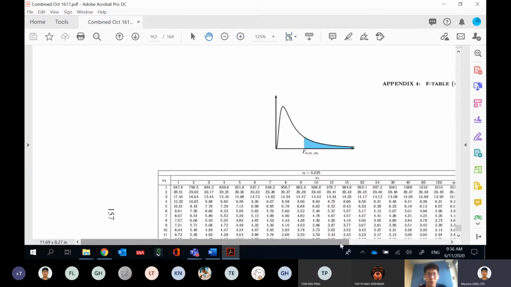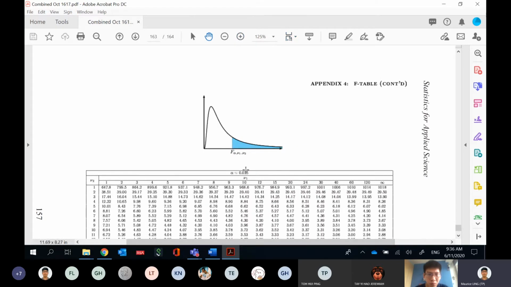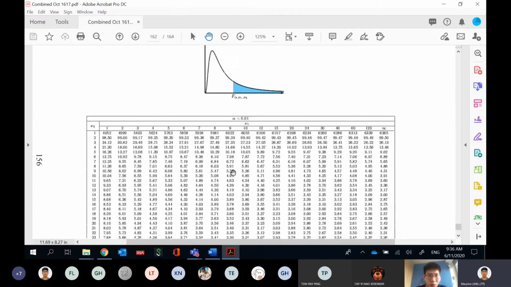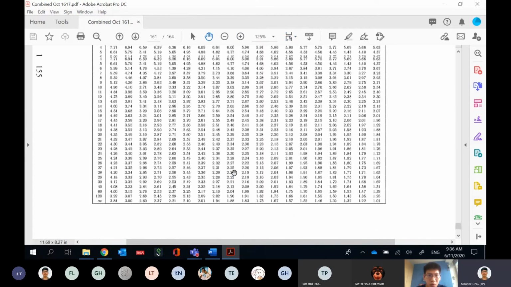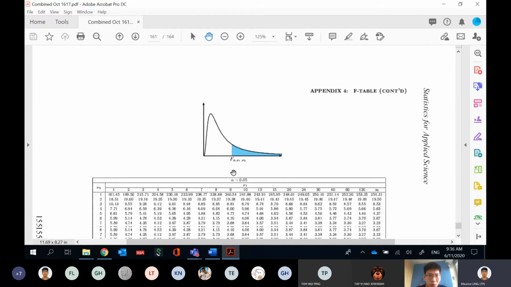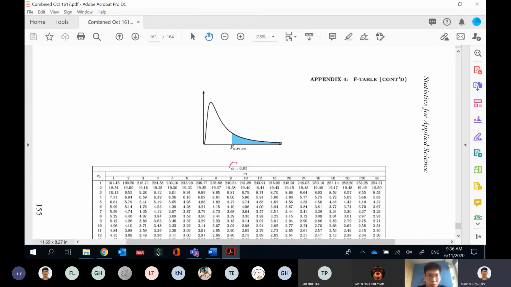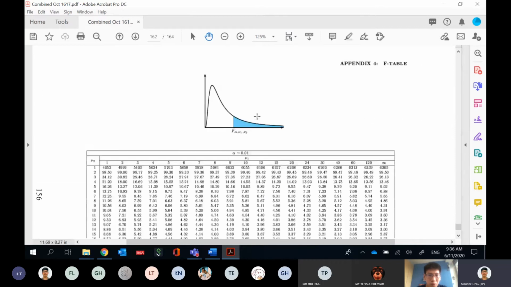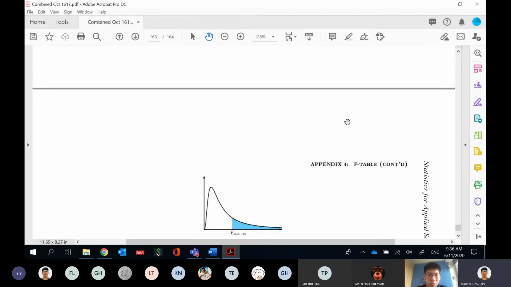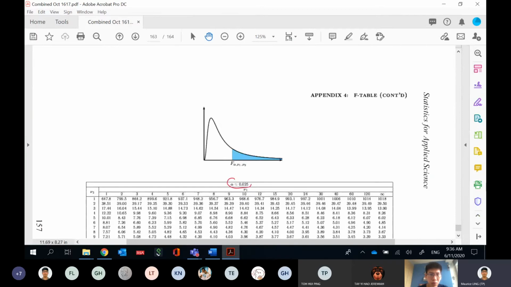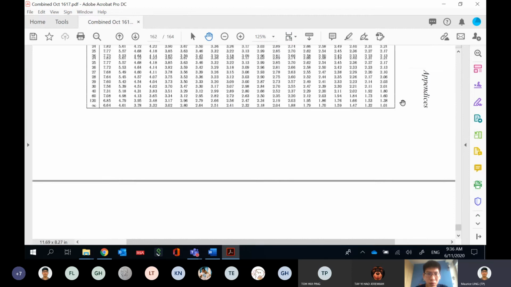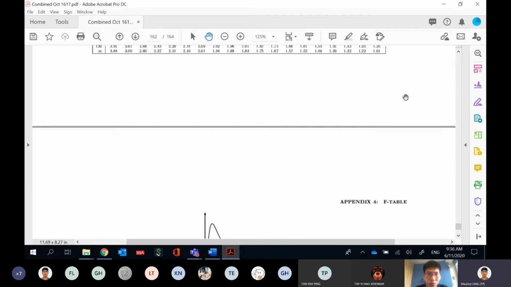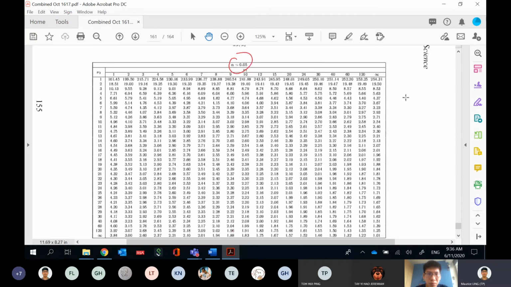First, you have to make sure that you get the correct F distribution table. There are actually a few different ones. The alpha is 0.05. Then the next table is alpha 0.01. The third table is alpha 0.025. So make sure you read the correct table first. So in this case, we have to read 0.05. Correct?